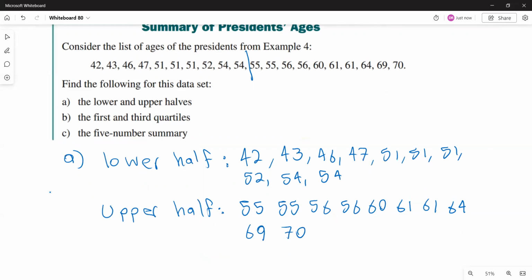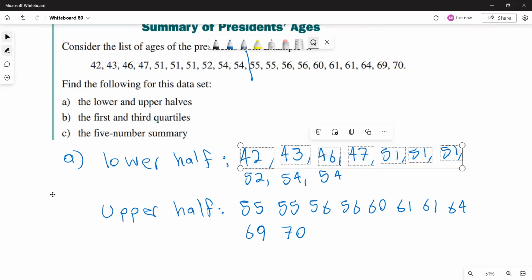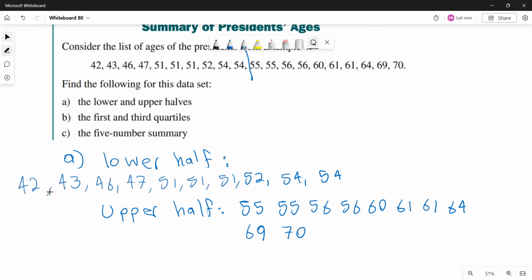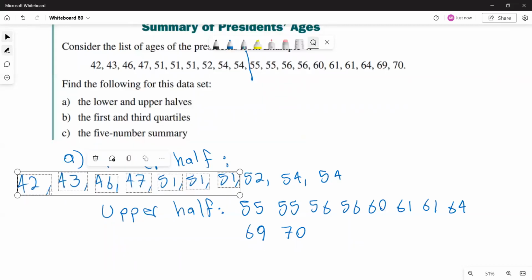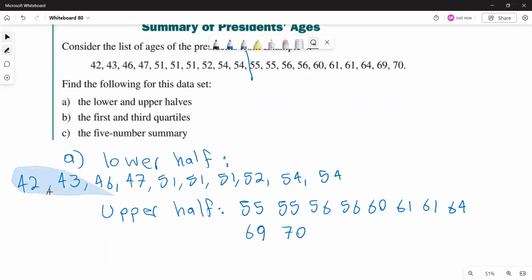Okay, actually, I'm going to put them together in one line. Yeah, so let's put them together in one line. So that's the lower half. And if I can, I will move this more to the center.